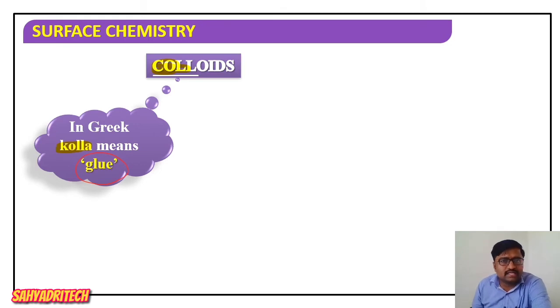The Greek word colla is nothing but glue. So in the name colloid, we are getting the word colla, COLL. That colla in Greek means a glue.